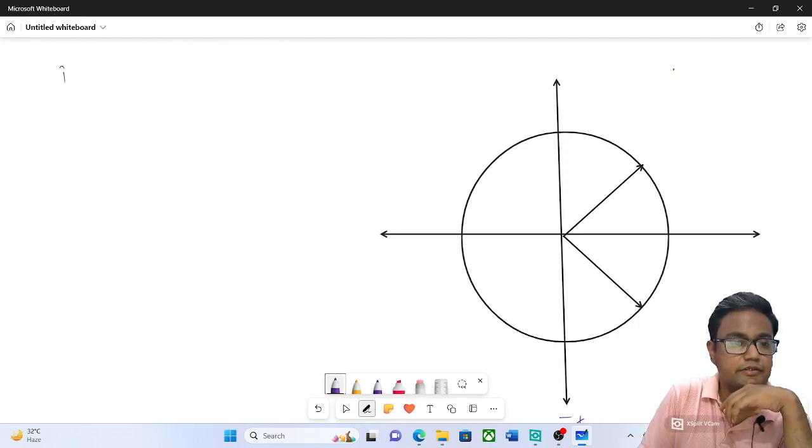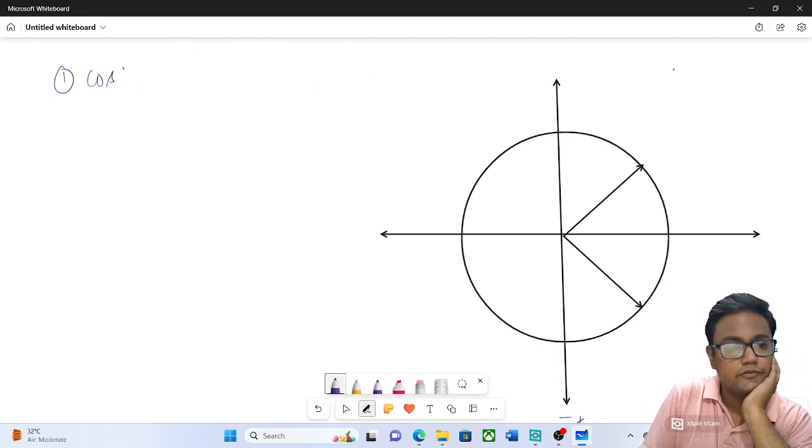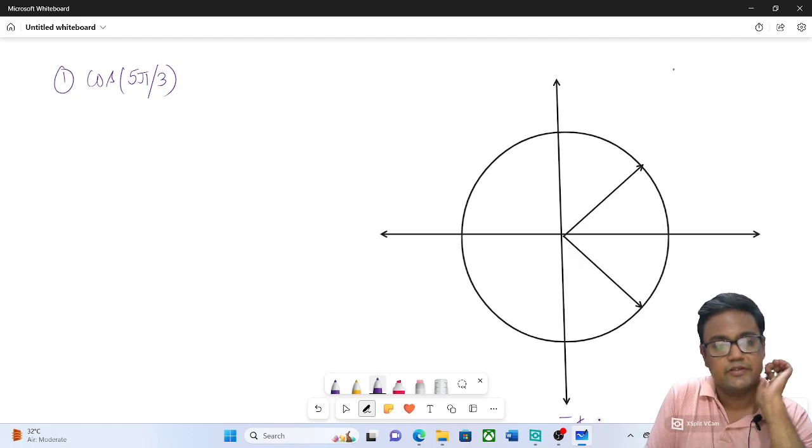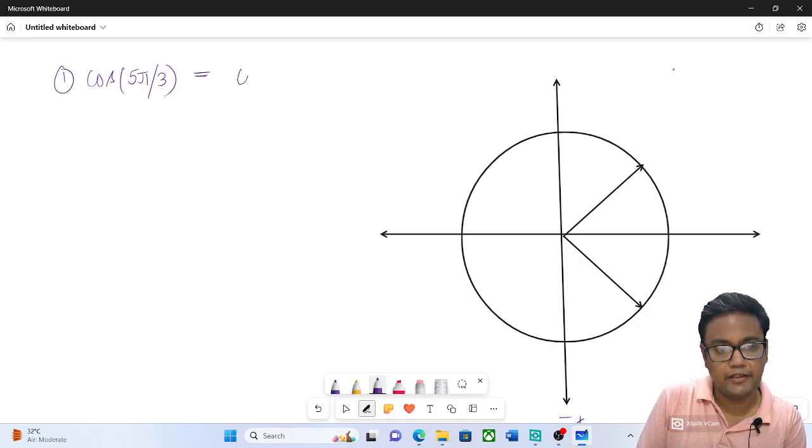So see this first example, cos 5 pi by 3 radians, obviously it is radians, wherever pi appears, it is always radians.